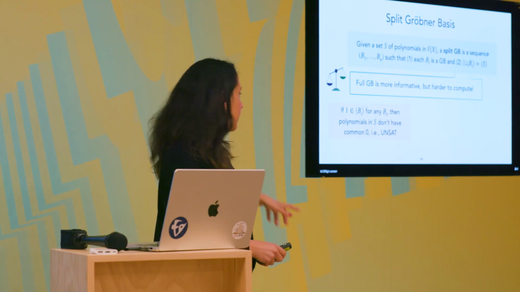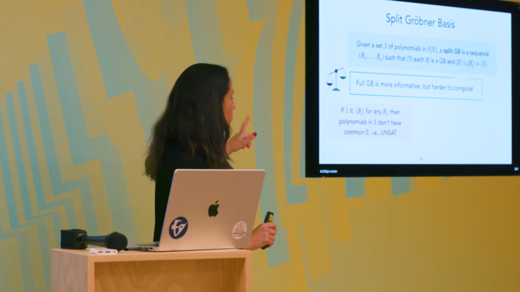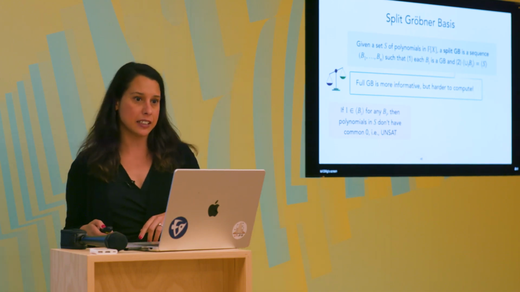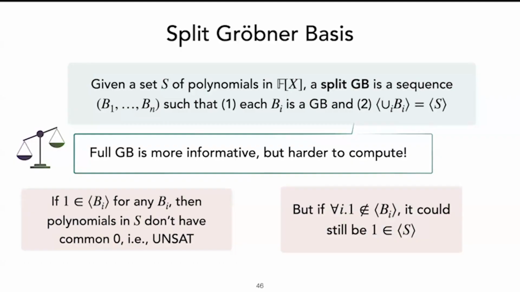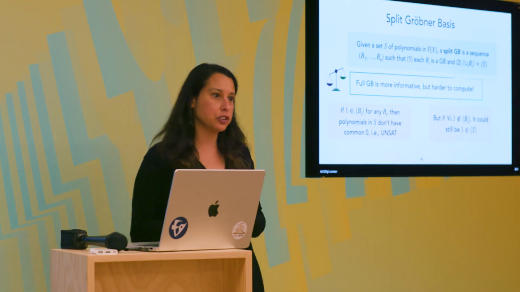So by having a split Grobner basis, we can still determine in some cases whether the constraint system is satisfiable or not. However, as I mentioned, it's not as informative, because it could still be that even though 1 is not in the ideal generated by any bi, 1 is in the ideal generated by S.